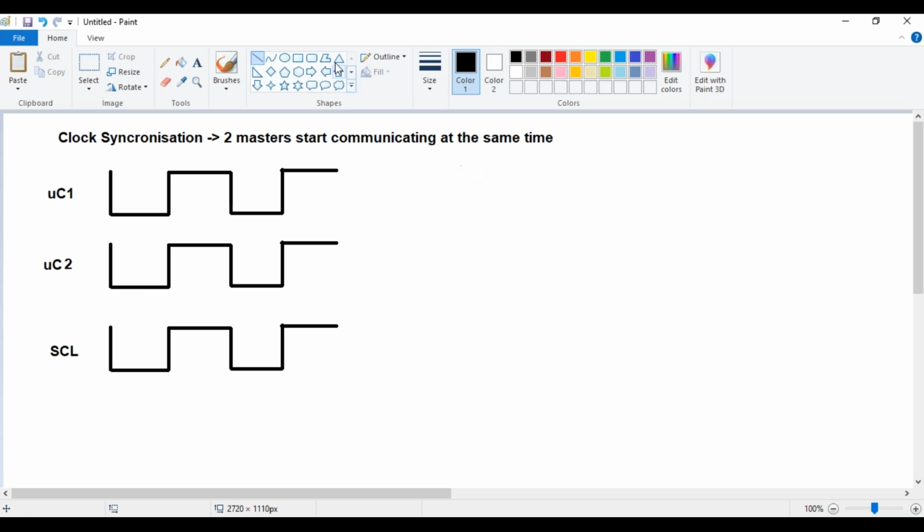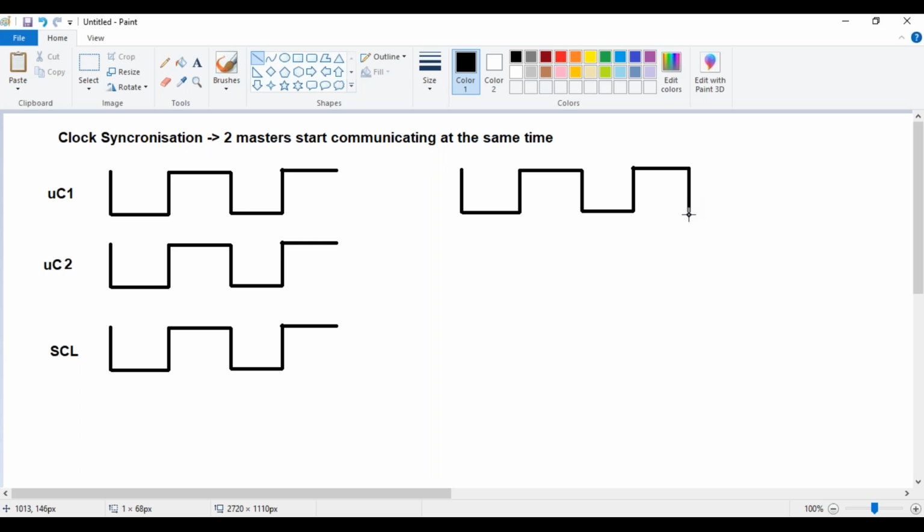So it is going to generate the clock pulse for every 0.5 milliseconds. Let me copy the same. So this is the clock pulse of the first microcontroller. Okay, so I'm taking a few more clock pulses.